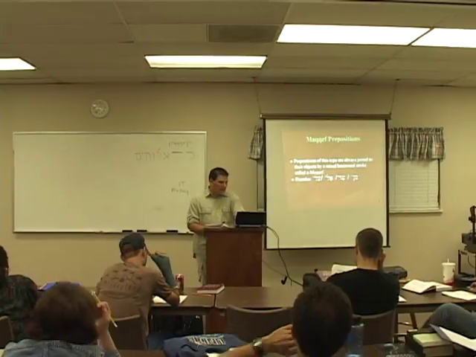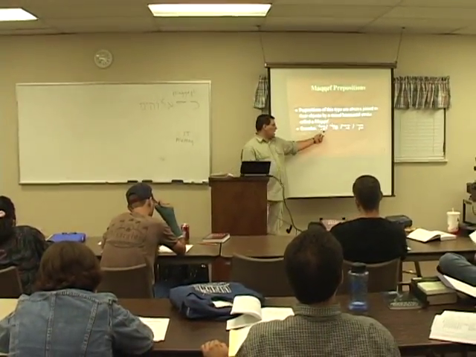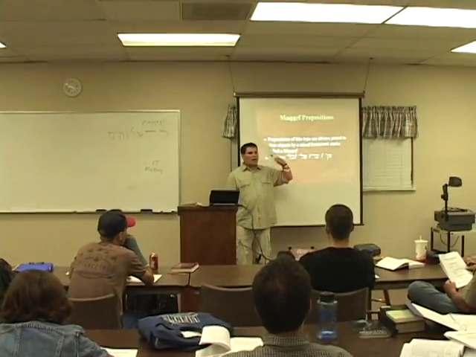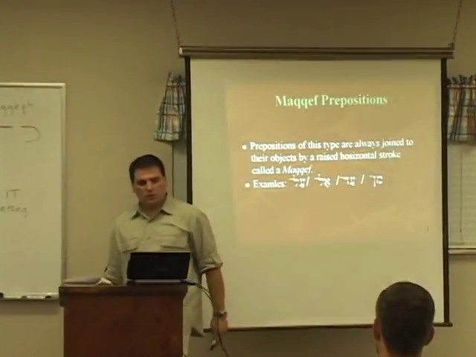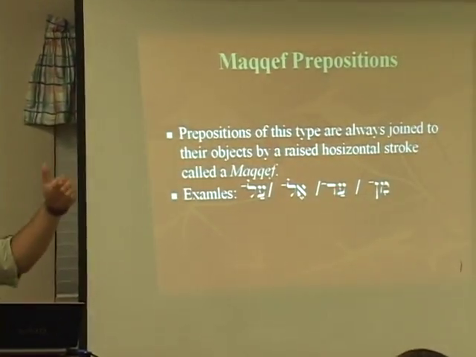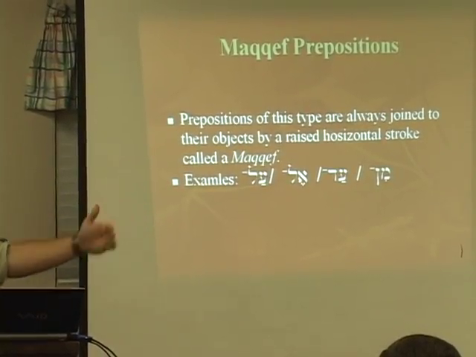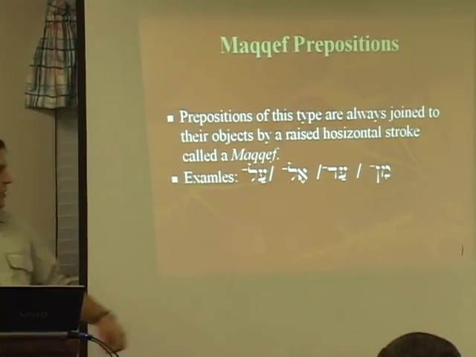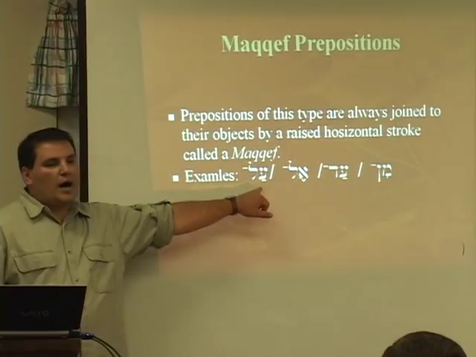That's al, el, ad, and min. Al means up to, el towards, ad up as far as, and min from. So if you want to say, I'm going as far as Bethlehem, you would say ad Bethlehem. Meaning that's your final destination, but you're still on the way. If you'll say, I'm going to Jerusalem, you'll usually say, I'm going up to Jerusalem.